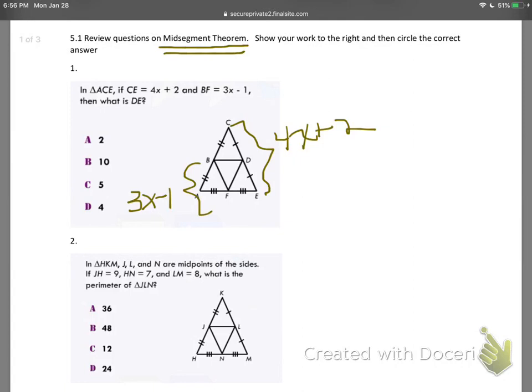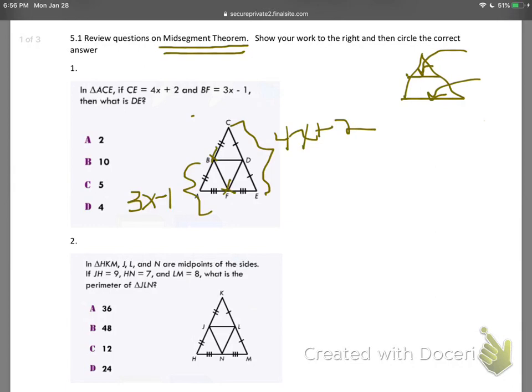These are parallel, and what I know is that these points are midpoints, so BF is a mid-segment, a midpoint segment. So remember, if you have something like this, if this is a midpoint, and that's the segment, so that's the mid-segment, what happens is the smaller one is half as big as this bigger one.